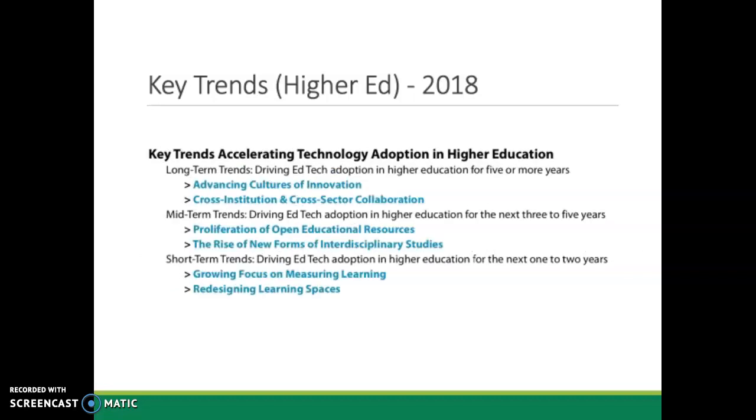So going back 1 year, trends for 2018, you will see that there are some similarities. They talk about advancing culture of innovation. That was in 2019 too. Cross-institutional and cross-sector collaboration, open education resources, rise of new forms of interdisciplinary studies, and also growing focus on measuring learning that we saw in 2019, and redesigning learning spaces.